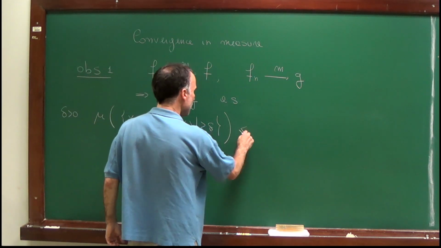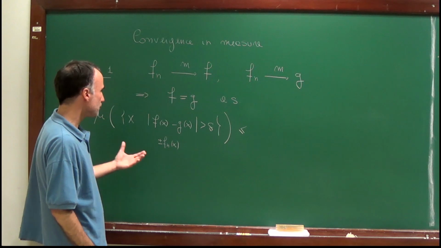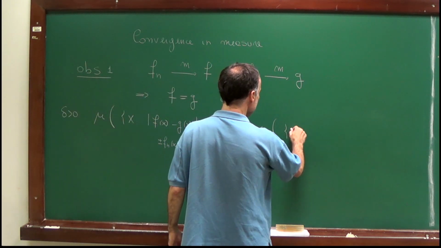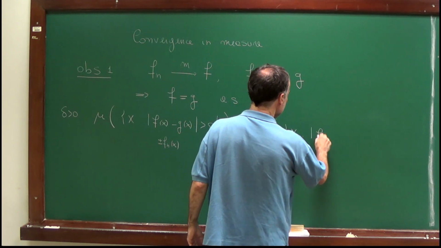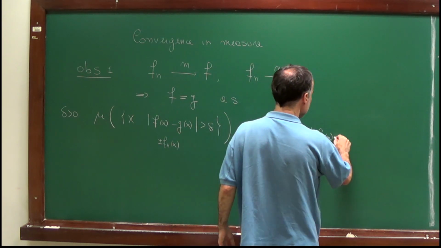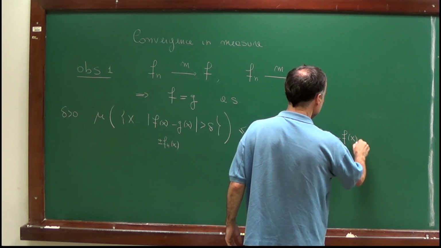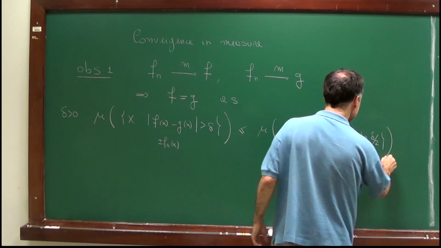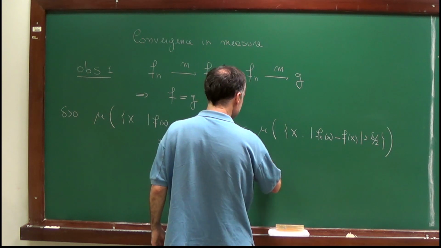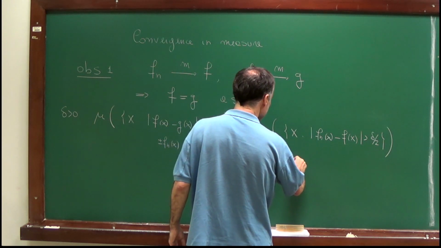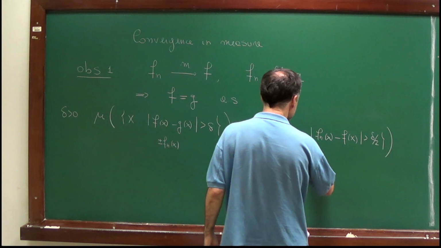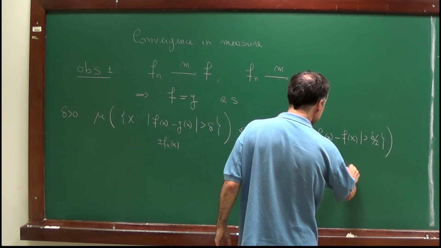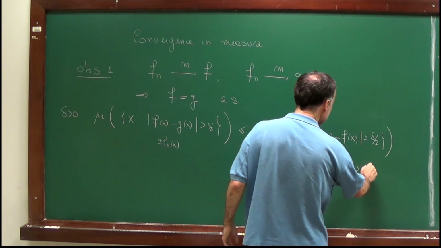So the measure of this set is bounded by the measure of the set of points x such that f_n of x minus f of x is larger than delta over 2, plus the measure of the points x such that f_n of x minus g of x is larger than delta over 2.